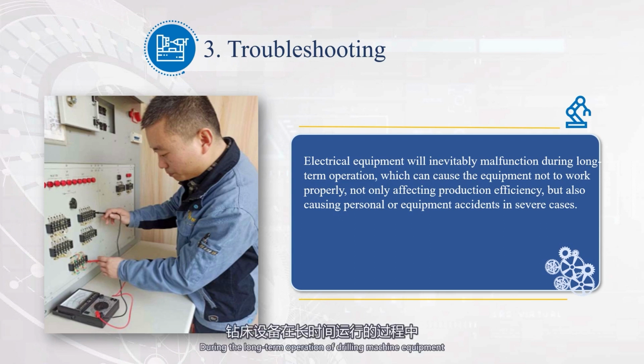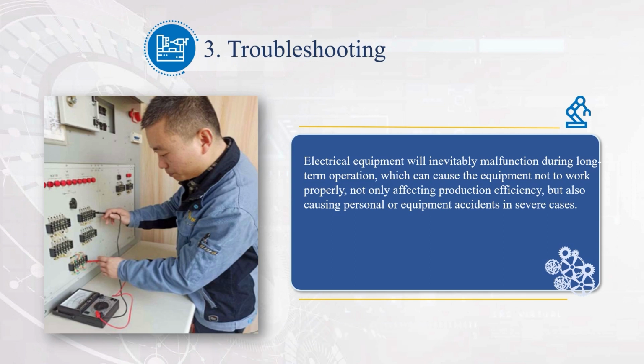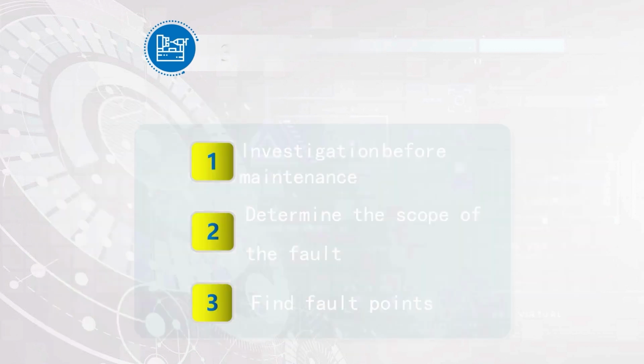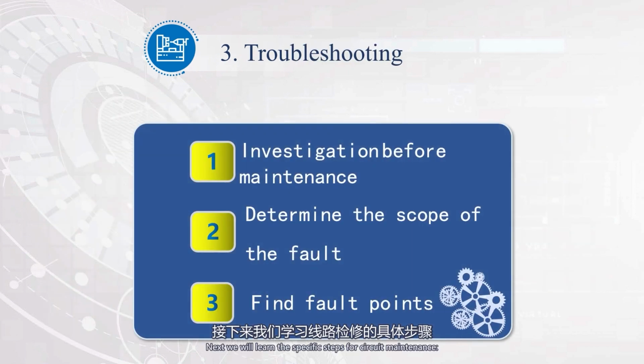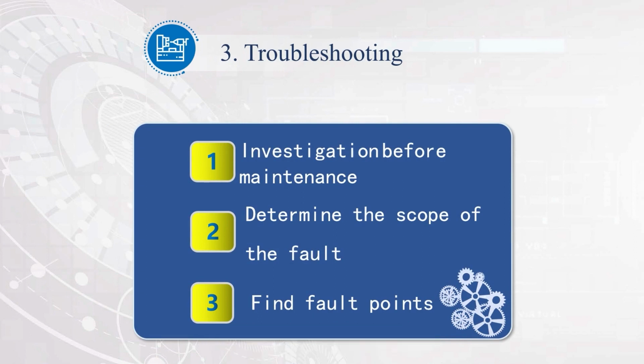During the long-term operation of drilling machine equipment, it is inevitable to encounter malfunctions, which not only affect production efficiency but also cause personal or equipment accidents in severe cases. Therefore, maintenance personnel must promptly, proficiently, accurately, quickly, and safely identify and eliminate faults and restore normal operation as soon as possible. Next, we will learn the specific steps for circuit maintenance.